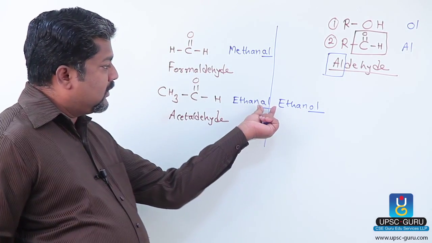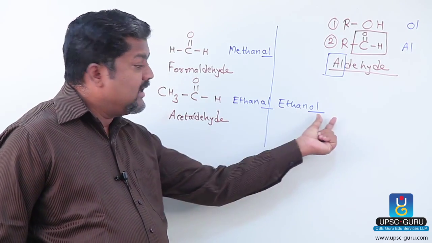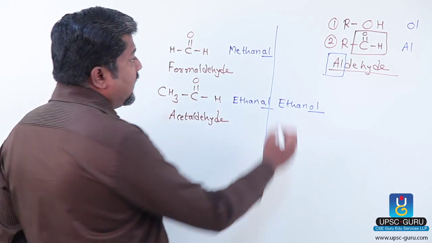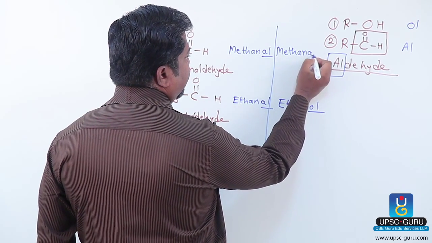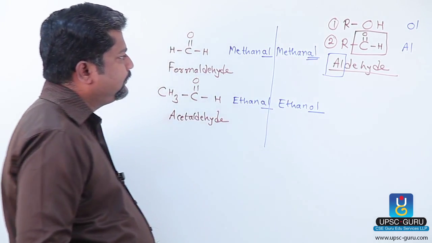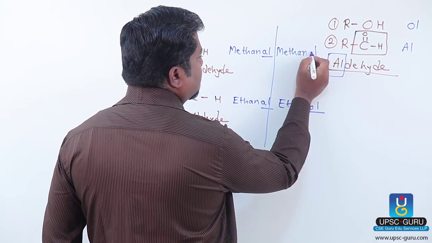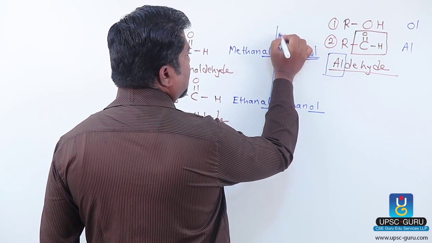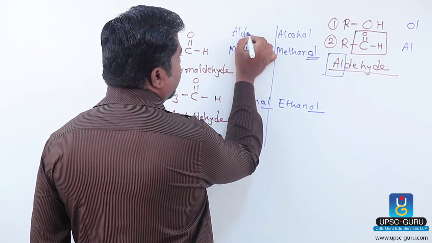So here it is suffix AL, here it is suffix OL. Here also it is methanal, AL, and methanol, OL. So this is alcohol, whereas this is aldehyde.